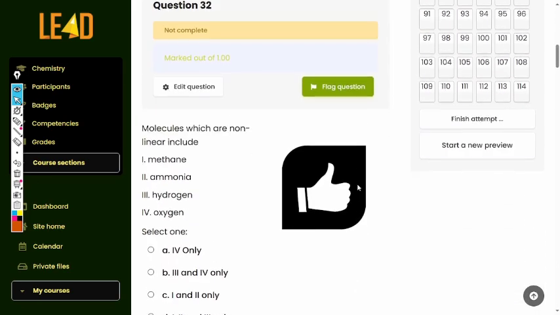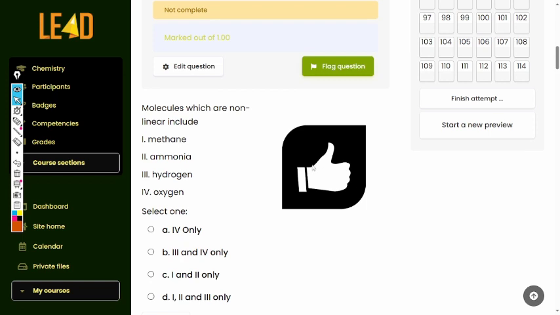32. Molecules which are non-linear include... okay, let's see. Methane is CH4, so it looks like one H, another H, another H, another H, kind of like this. Now ammonia is nitrogen bonded with 3 hydrogen atoms.